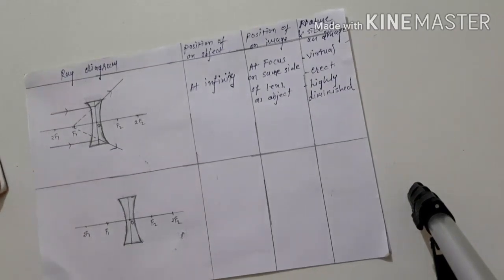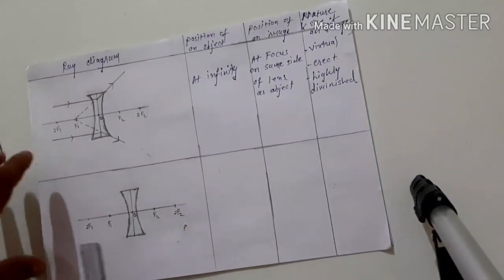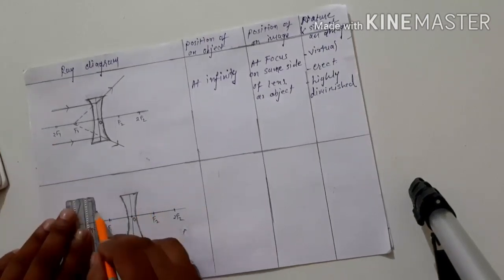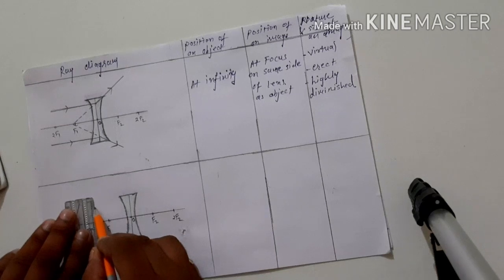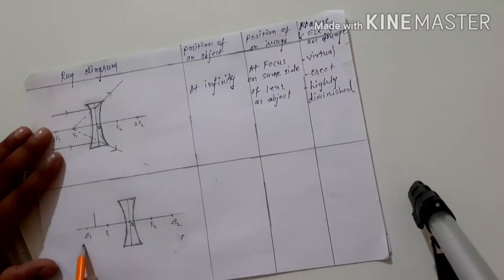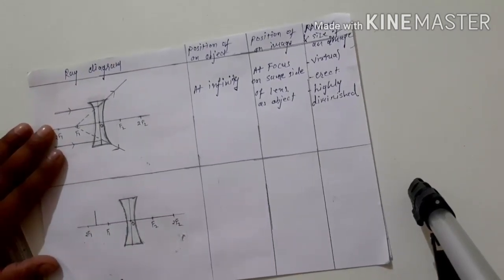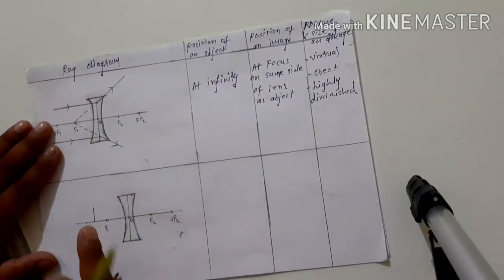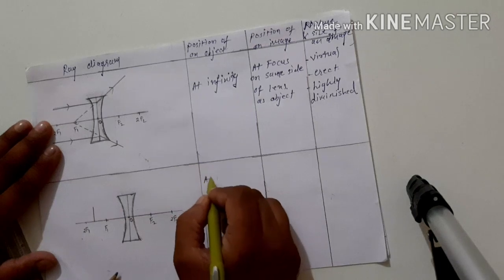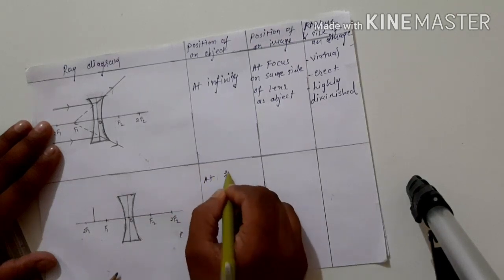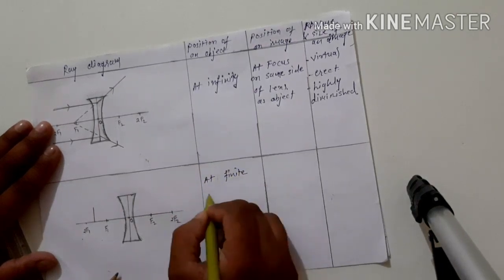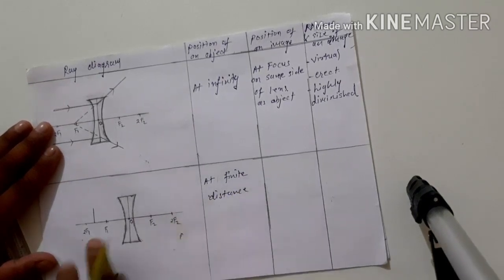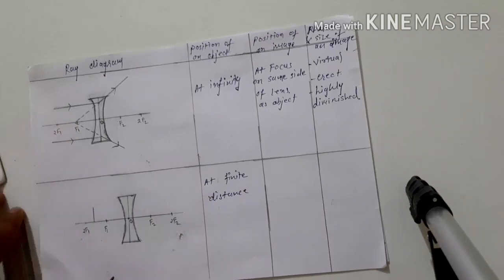Now in the second case, if it is at any finite distance, here we are taking it between 2f1 and f1, so that is a finite distance which is less than infinity. So if the object is between 2f1 and f1, let's see where we get our image.